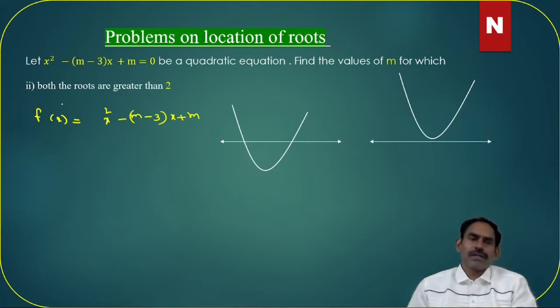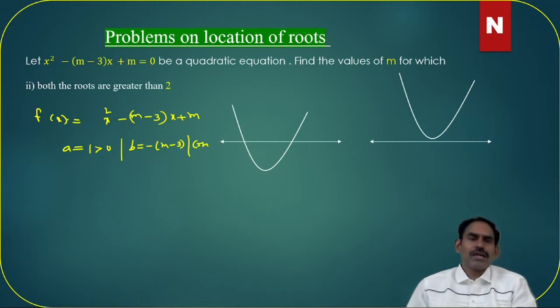Same question, but here the roots are greater than 2. The x square coefficient is 1 here, so a is 1, greater than 0. B is the coefficient of x, minus of (m minus 3). C is m.